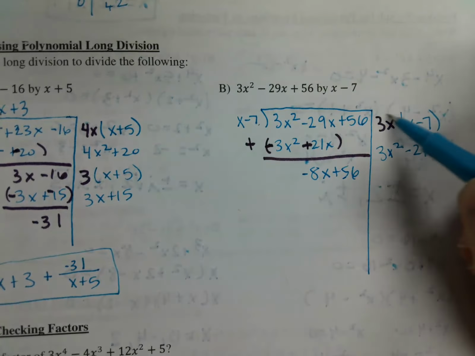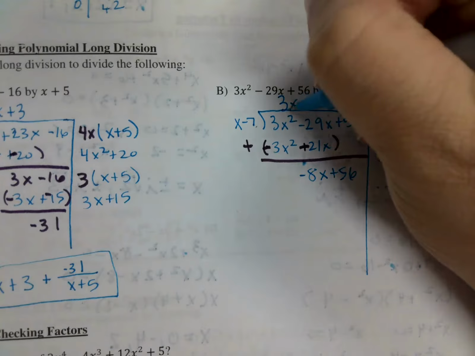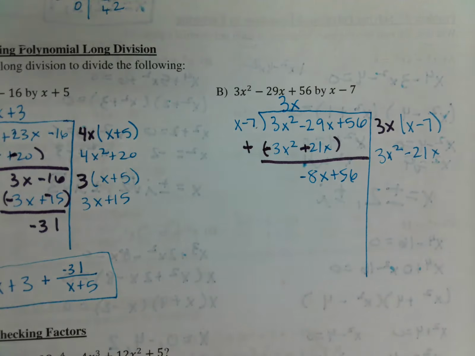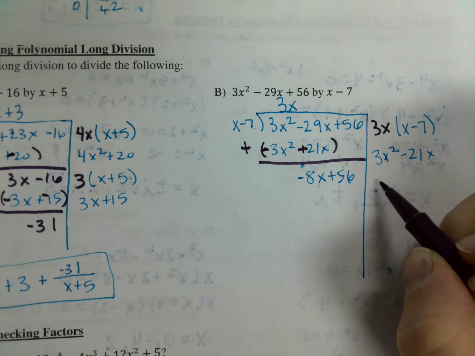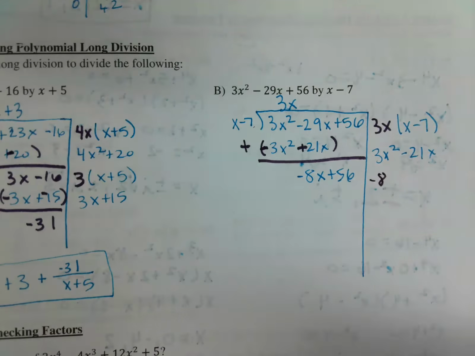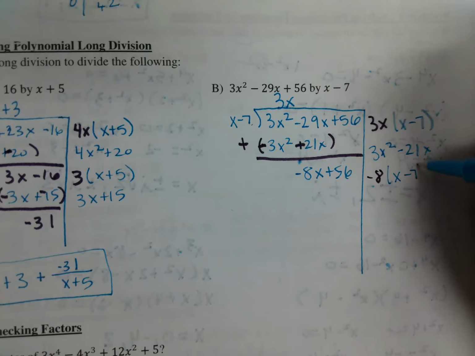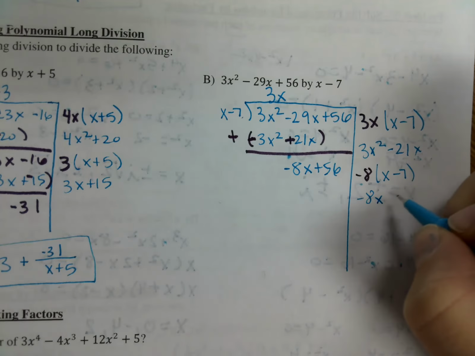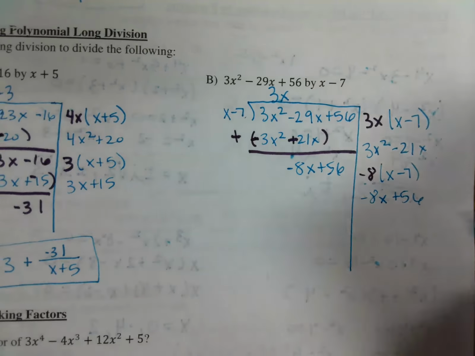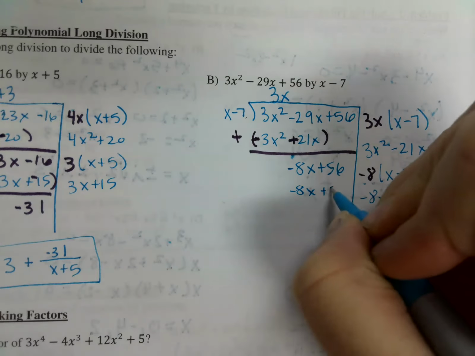So this 3x, what we use to match, goes up top. Now I'm thinking, what multiplies x times what gives me negative 8x? Which would be a negative 8. So whatever I multiplied to match, that number gets multiplied. So I have negative 8x, positive 56.